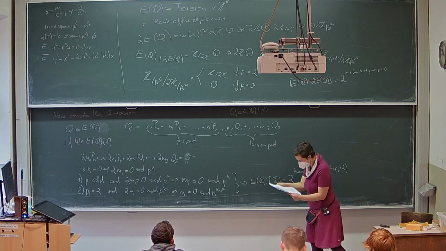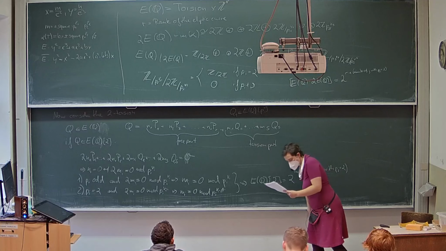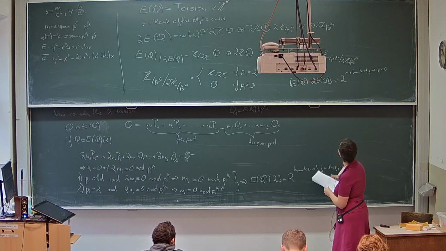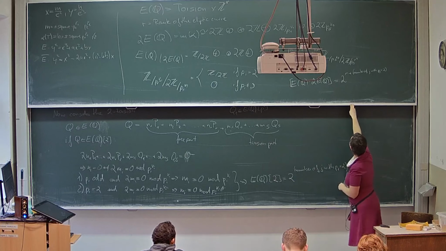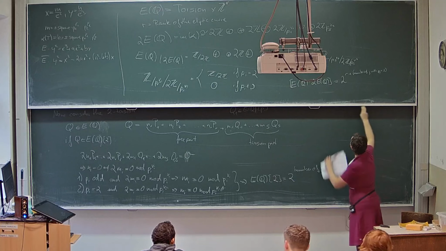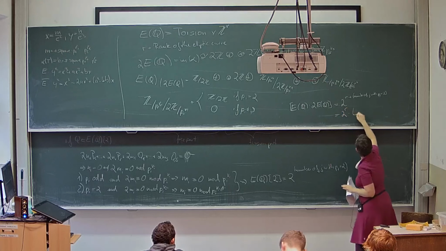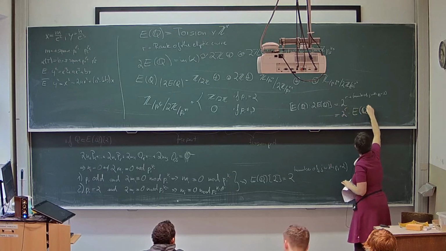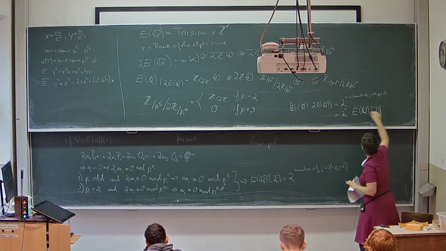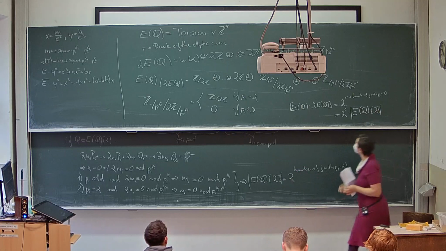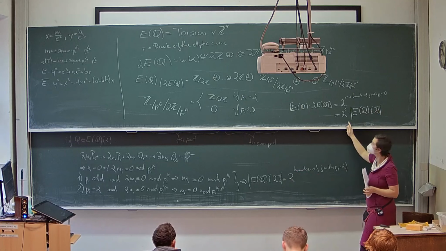Okay, what can we do with this? Since we have here basically the same thing, this means that this index is 2 to the rank times the size of the 2 torsion group.